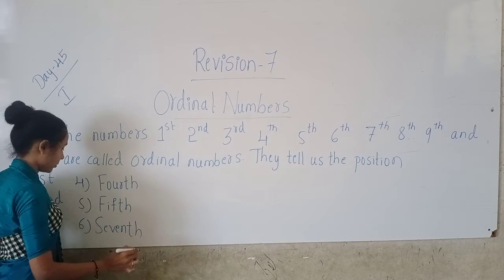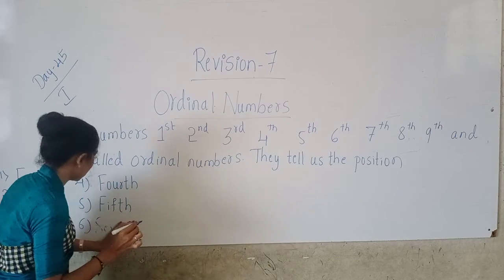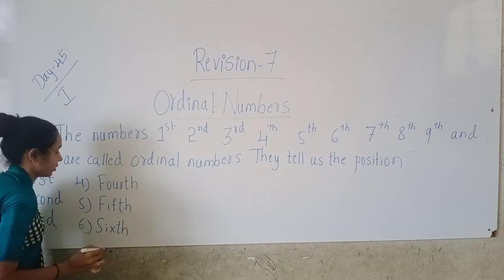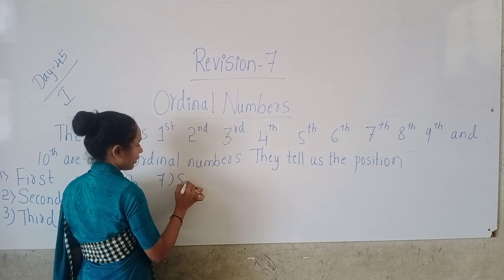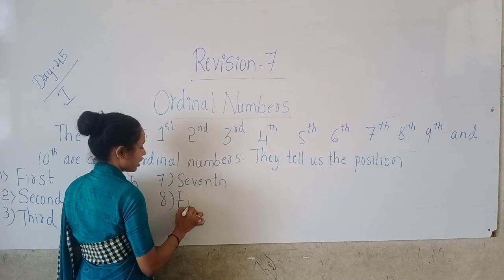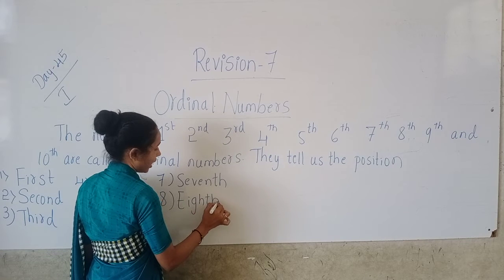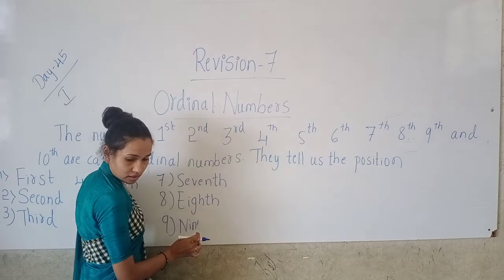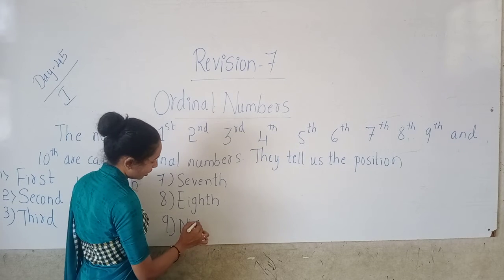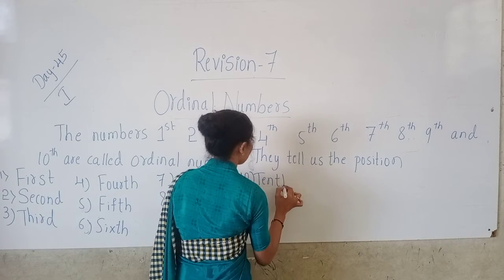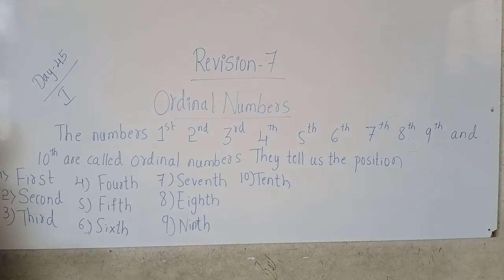Sixth, you should write SIXTH, sixth. SEVENTH, seventh. EIGHTH, eighth. NINTH, ninth and TENTH, 10th. Okay children, in words we should write the spelling of the first, second, third like this.